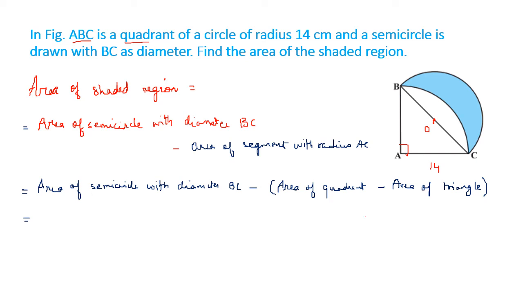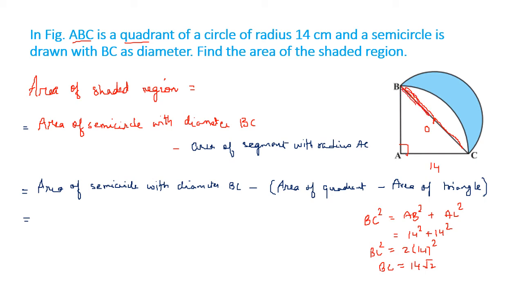Let me use Pythagoras theorem. BC square equal to AB square plus AC square. Now AB is given 14, so 14 square plus 14 square. So BC square equal to 2 times 14 square. So taking square root on both sides, BC equal to 14 root 2.